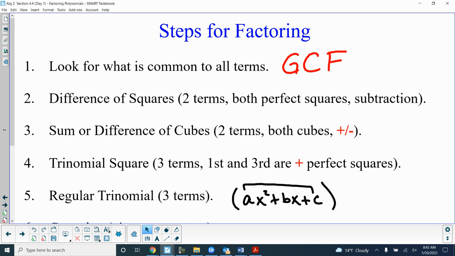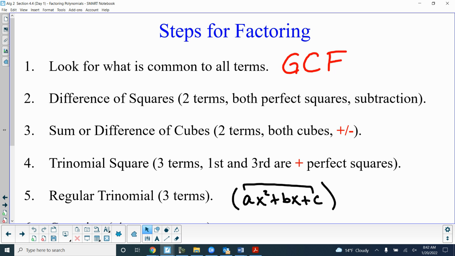The sum or difference of cubes we did yesterday. That's when you had the binomial and the trinomial answer. Cube root for the binomial, both of them. If it's addition in the beginning, it's addition in the binomial. All right? Then your trinomial is the first term of the binomial squared. All right? Your middle term is multiplying the two numbers in the binomial together.